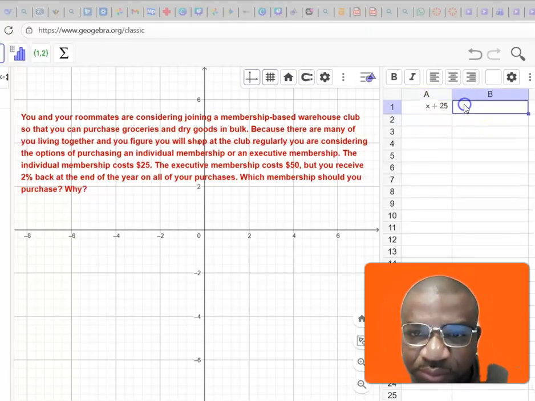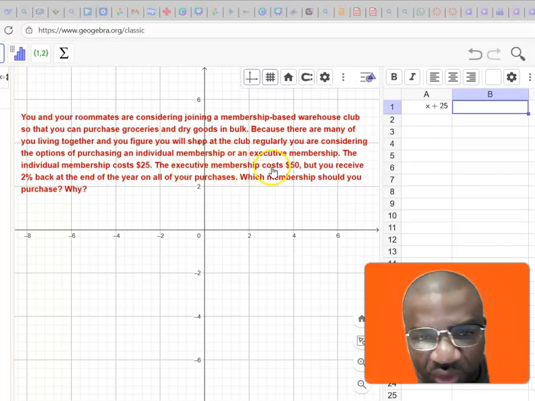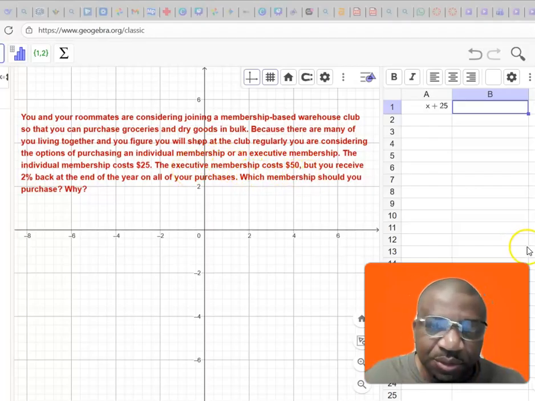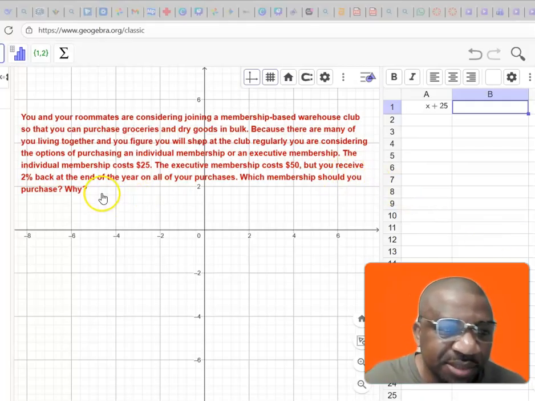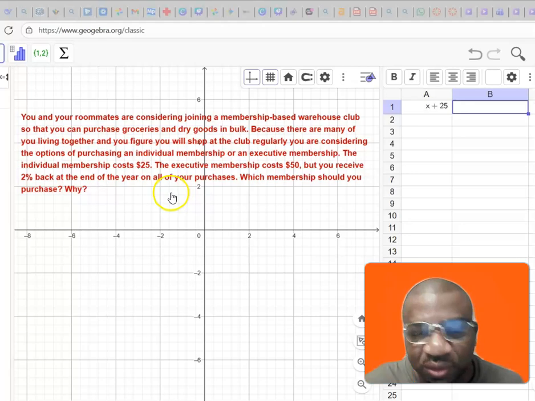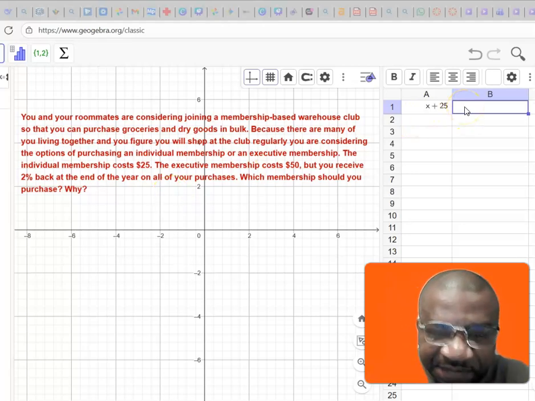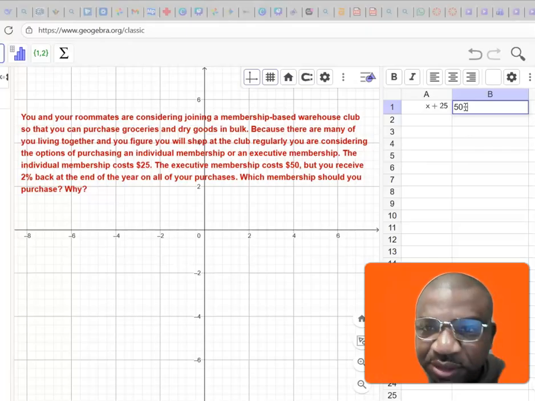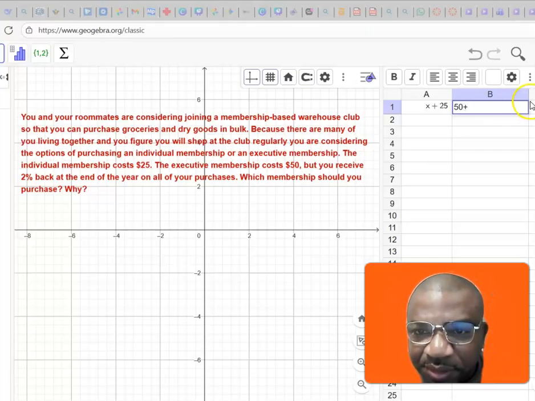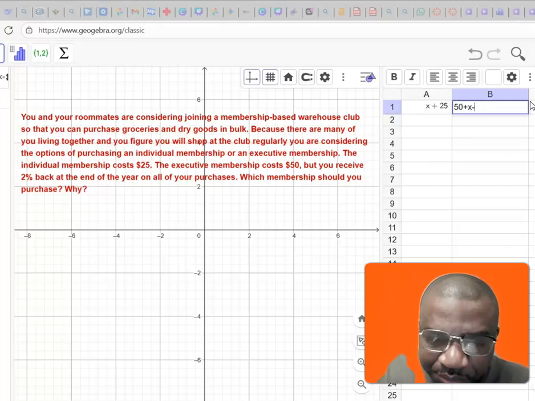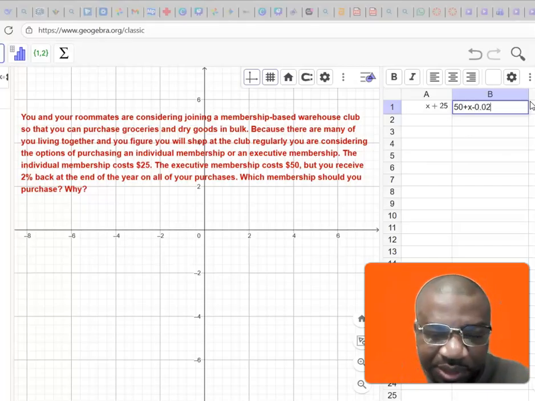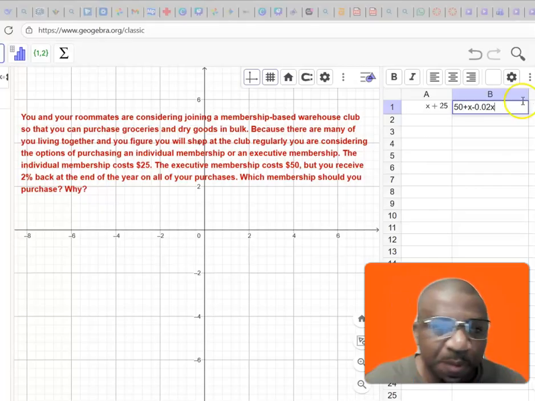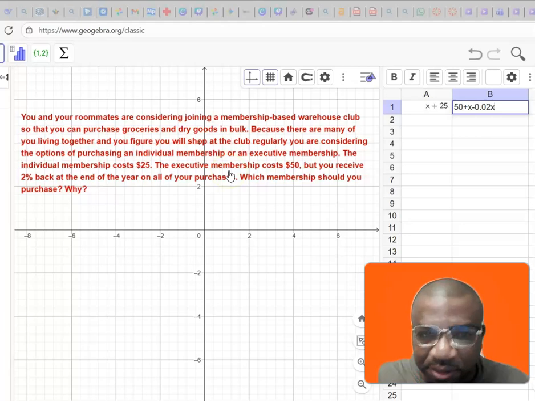Then we move to the next column, which says the executive membership costs $50, and also we will receive 2% back at the end of the year if we decide to go for that. So that will be 50 plus x, then subtract 0.02x, which is the discount that we'll receive if we decide to go for the executive membership.